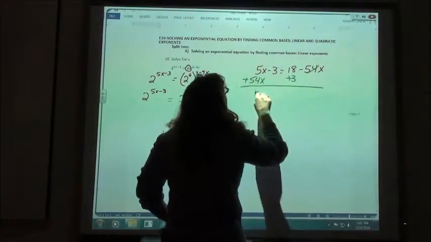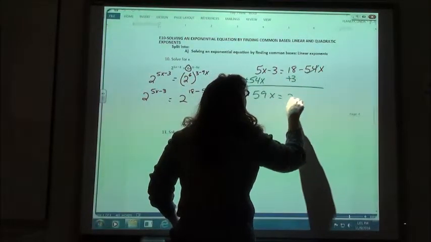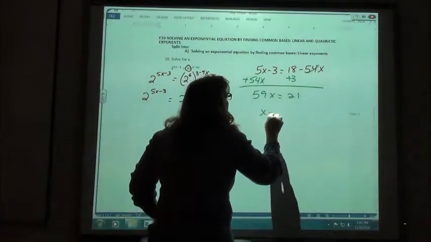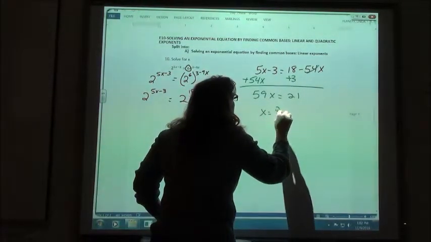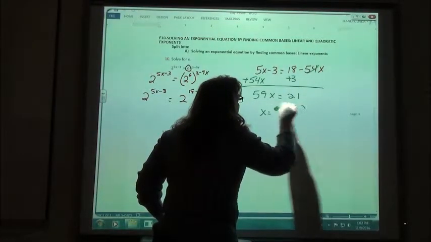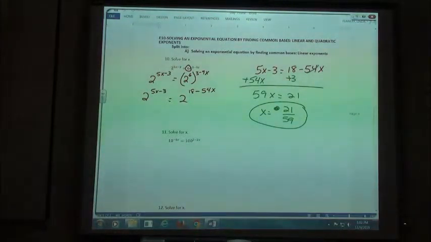And I would have 59x equals 21, so x equals, oops, 21 over 59. Now these ones we don't have logarithms, so we don't really have to check our answer. Any answer should be good. So 21 over 59.